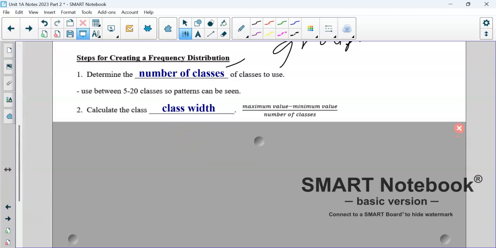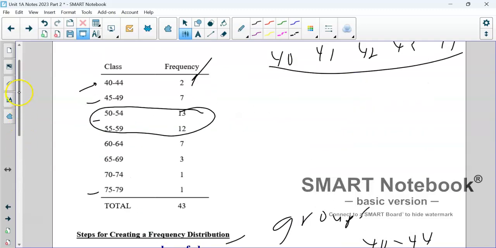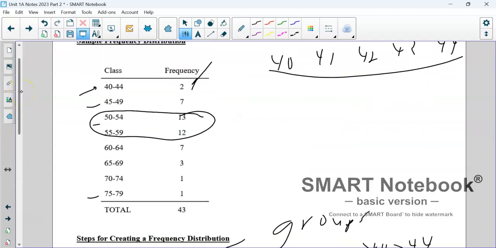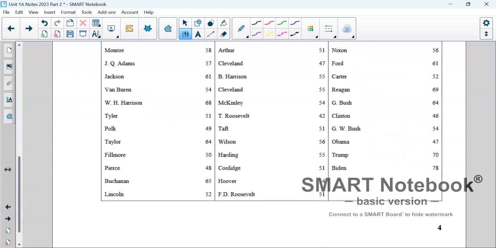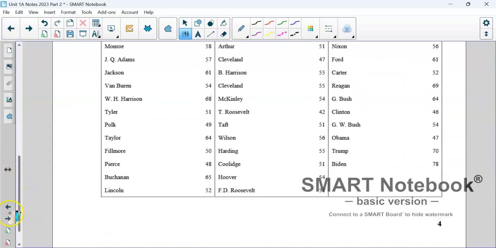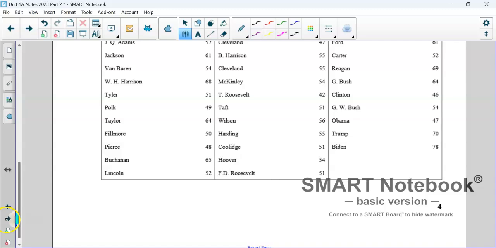Then you calculate the width. So we just talked about how 40 to 44 was one of the widths. Okay. What you do is you take the maximum value minus the minimum divided by the number of classes. So for example, up here, we wanted obviously 1, 2, 3, 4, 5, 6, 7, 8 classes. So our oldest person was 78.